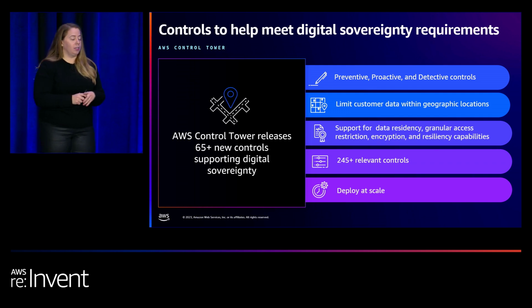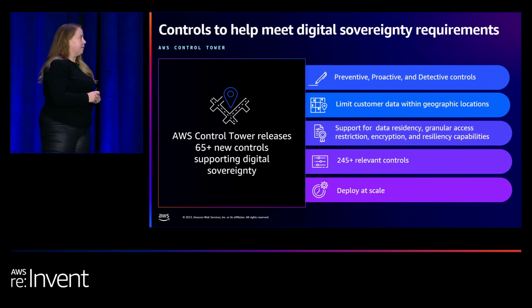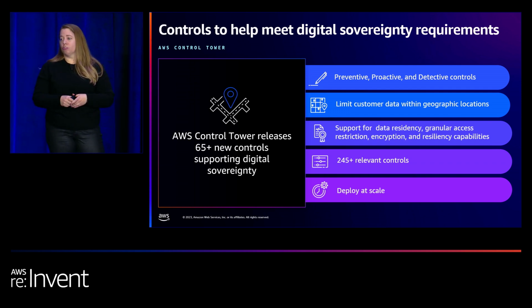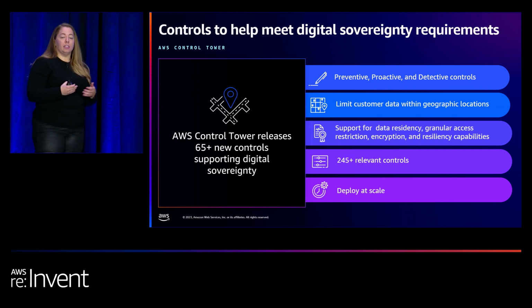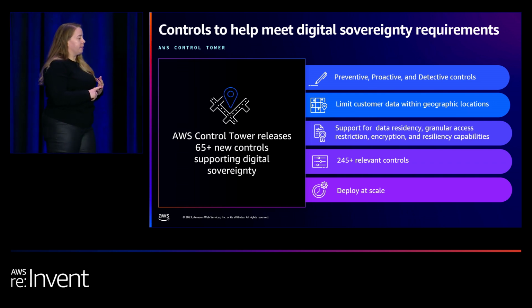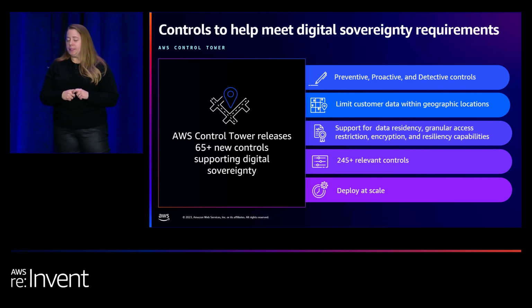We launched on Monday 65 new controls supporting digital sovereignty. These are a mix of proactive, preventive, and detective controls that help limit customer data within specific geographic locations. It also supports data residency, granular access restriction, encryption, and resiliency capabilities.